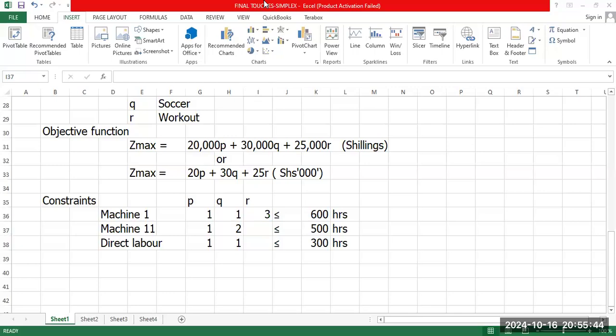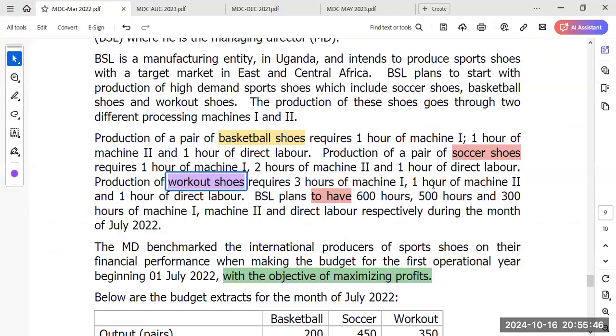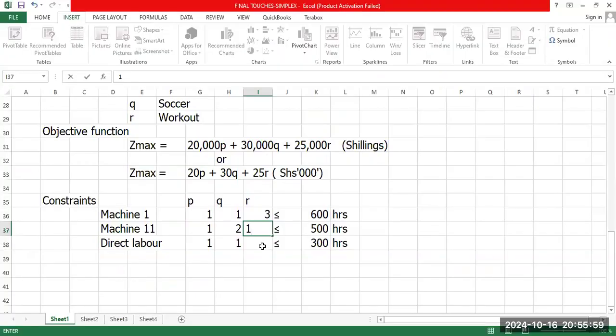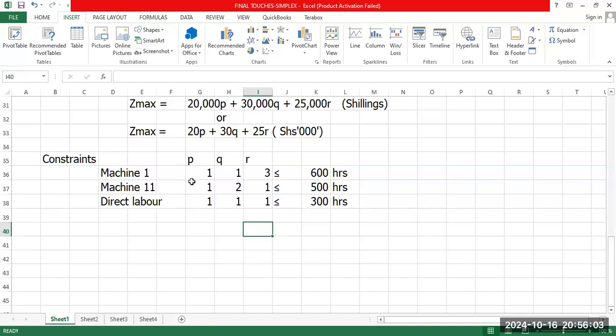How many hours? 1 hour of machine 2, 1 hour of direct labor. Perfect. Okay, I'm going to put 1 and 1. And these are the only constraints that we have in the question. And we are done with that paragraph.